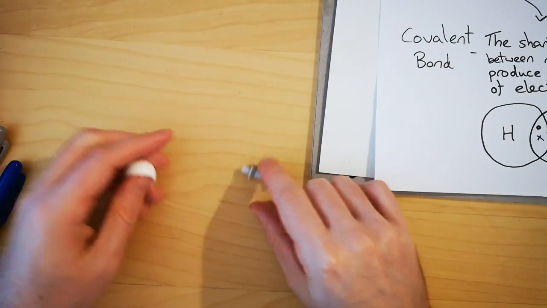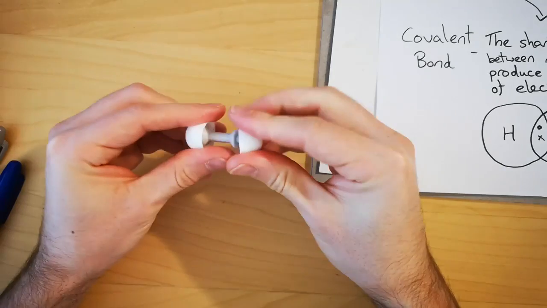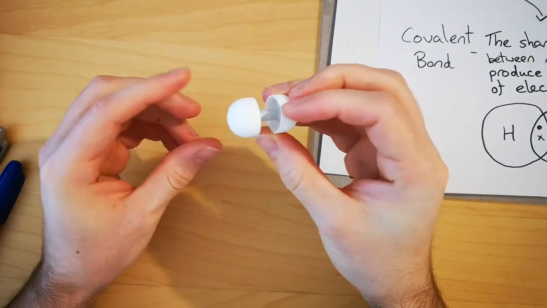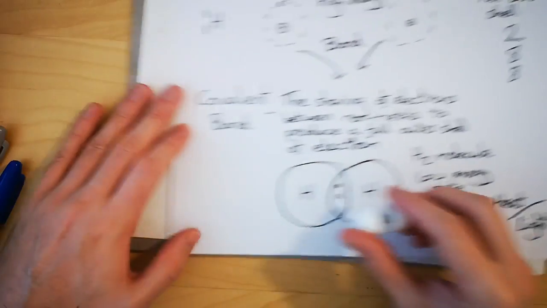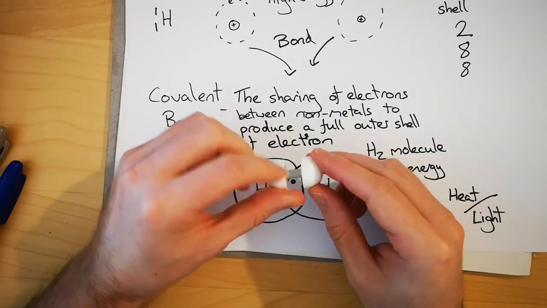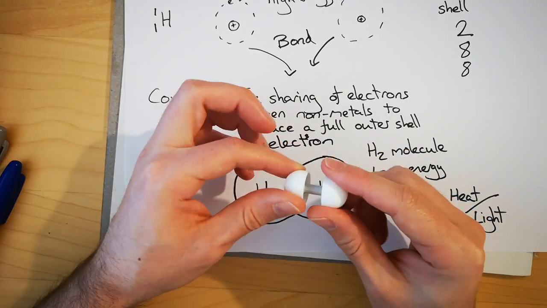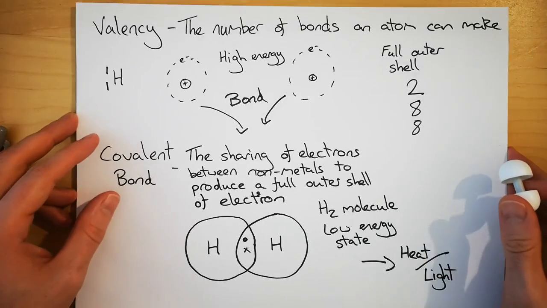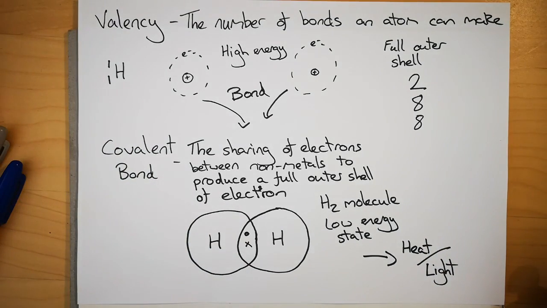I've got the two hydrogens here, and I'm going to form a simple covalent bond between the two, and that's us got our molecule of hydrogen, and that is our hydrogen molecule just there. And the share of electrons is shown by the little plastic connector, and these are the two hydrogens here. So that is our first covalent bond that we've built.